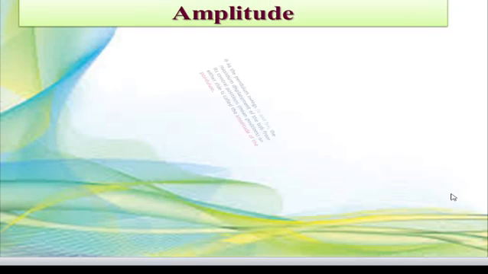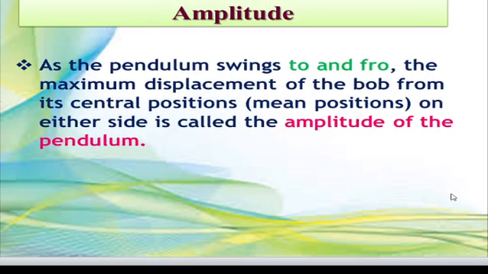Amplitude. As the pendulum swings to and fro, the maximum displacement of the bob from its central position or mean position on either side, maybe B or C, is called the amplitude of the pendulum. So O is the mean position.